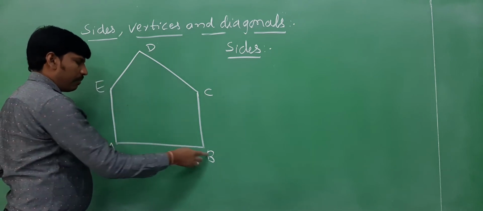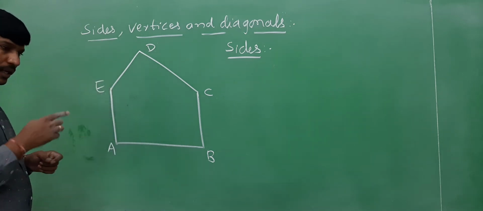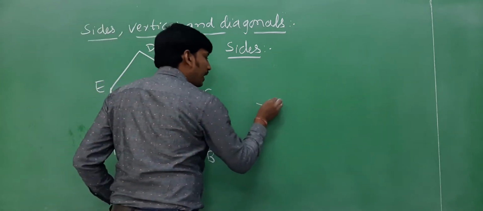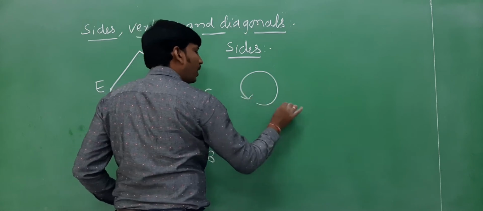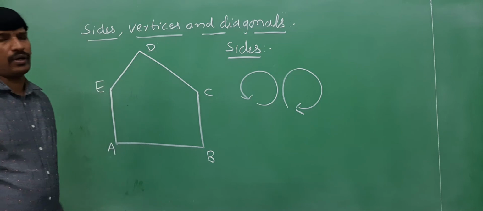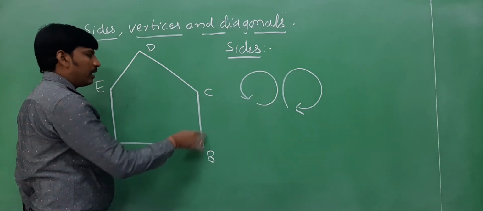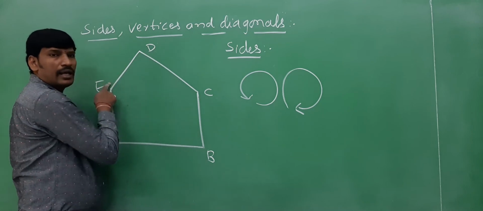Clear? A, B, C, D, E. Going zigzag is wrong. Either follow anti-clockwise or clockwise direction while naming any polygon. See the particular order A, B, C, D, E.